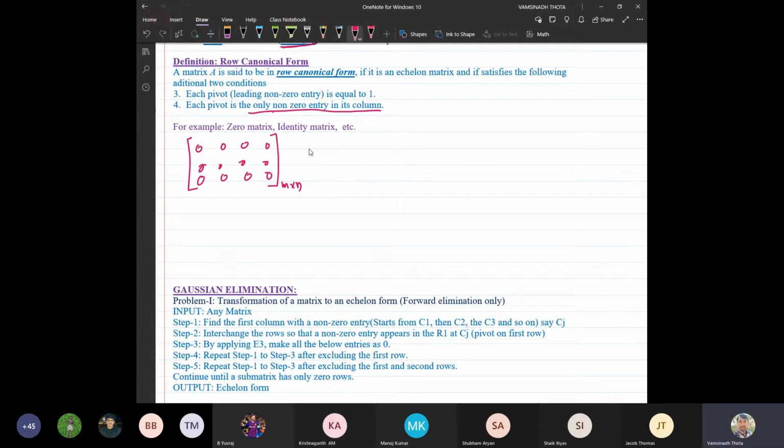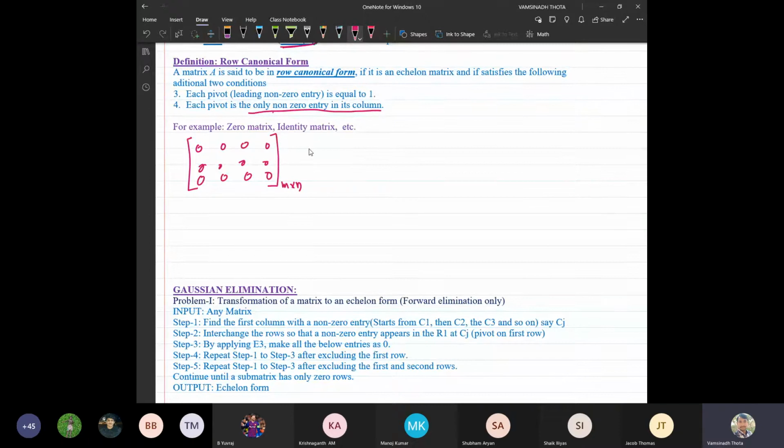So the third also trivially holds. Now, what about the fourth? Each pivot is the only non-zero entry in its column. All the columns are 0 only, so there is no pivot and no need to check the fourth condition; it also trivially holds. So any zero matrix of any order trivially satisfies all the conditions to be in the row canonical form. So this can be given as one of the examples.